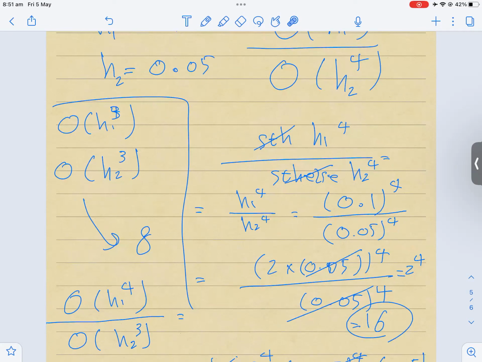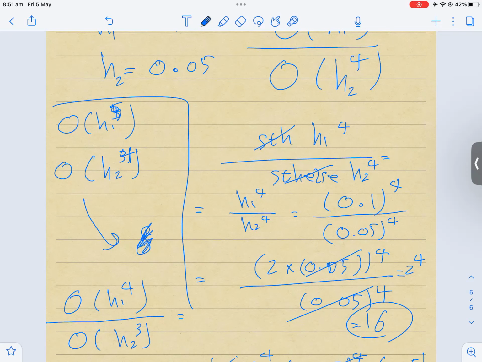Now, you see that the global truncation is h power 4. The local truncation is h power 5. So did we use Runge-Kutta? So this one, h1, since it's 1 step size, it will be 5. And h2 must remain 4.